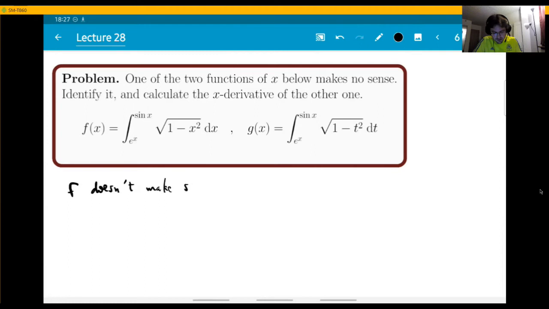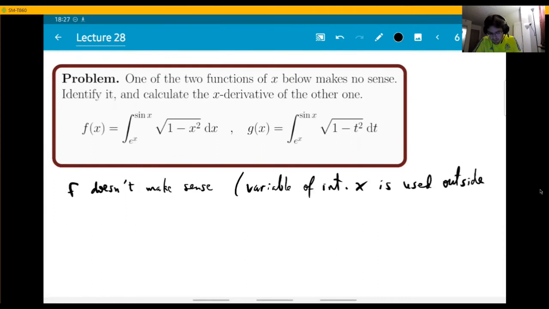The reason is that the variable of integration x is used outside of the integral. That's never allowed. Remember that the variable of integration is the thing that goes here in the d, which indicates what it is, and it appears inside in this function.